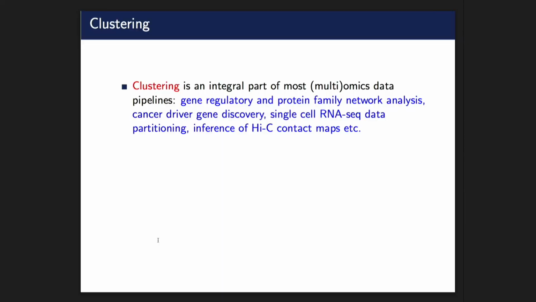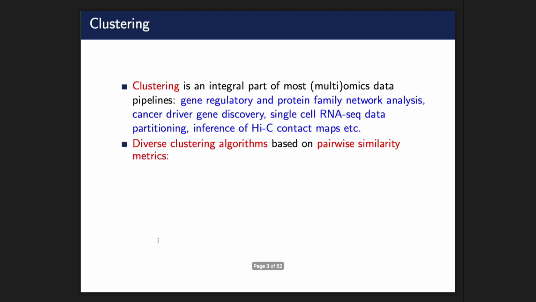So just to recap, clustering is an integral part of many multi-omics data processing pipelines. And I leave it to your imagination to think of one application or one bio problem where you use clustering. If you ever worked in clustering, the first thing you would do is to check out what kind of algorithms are out there that you could use to solve your problem. And whatever you learn first is probably k-means.